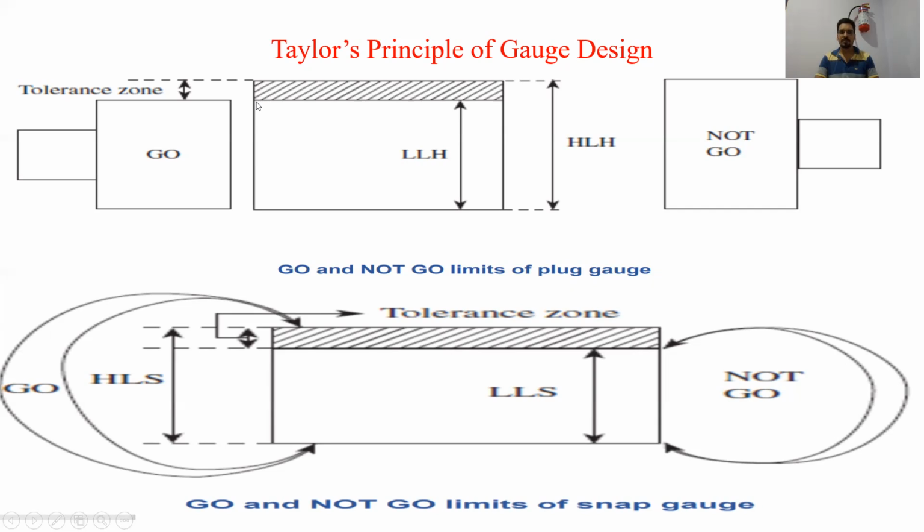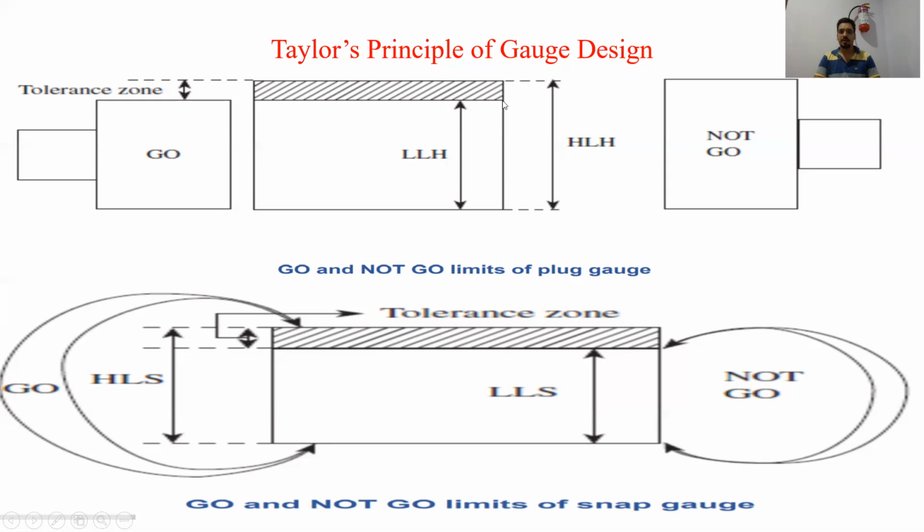It is true because the hole is above the lower limit and below the upper limit. The no go part will not enter into the hole because it is smaller than the upper limit of the hole. So in this case, our hole is accepted. We accept the hole whenever it is made from the lower limit to the upper limit.